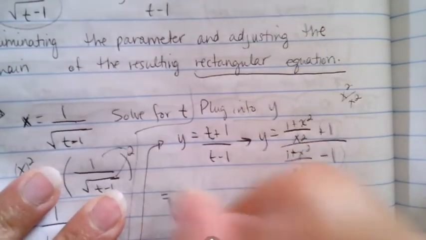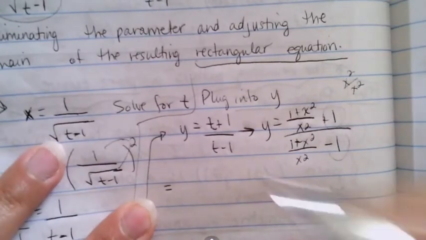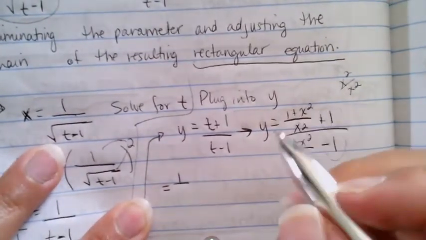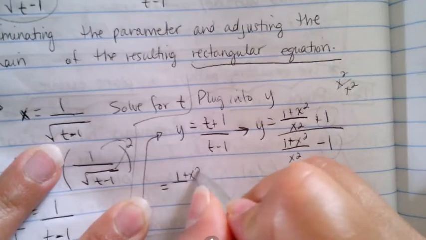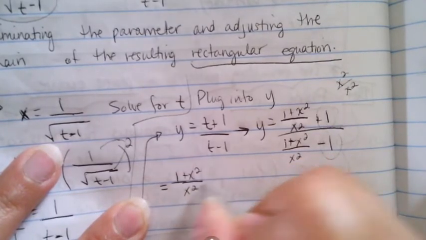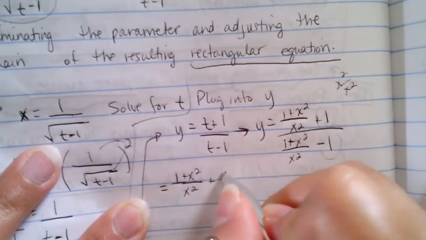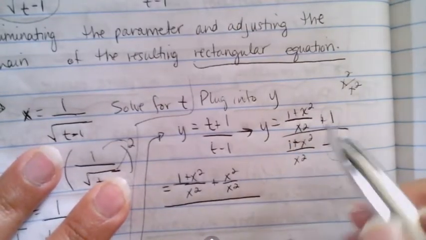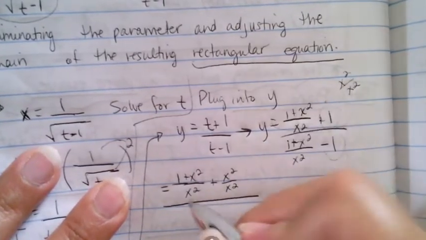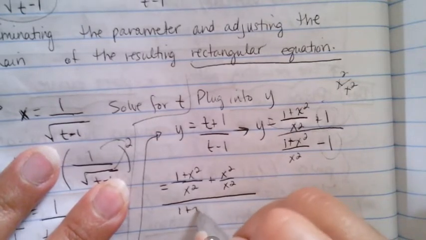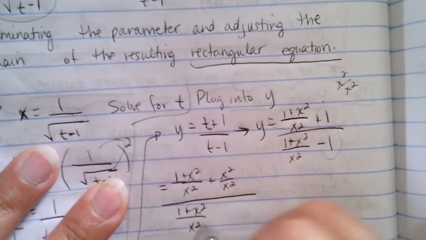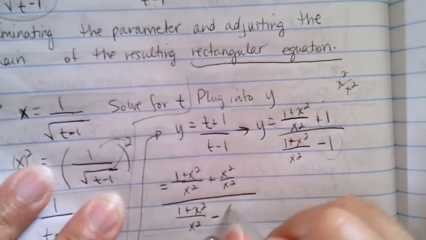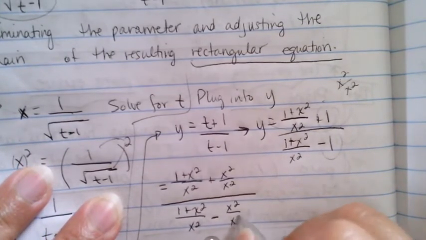Okay, so now we're going to have 1 plus x squared over x squared, plus x squared over x squared. And that is the top fraction, so that's this part right here. And on the bottom, I have 1 plus x squared over x squared, minus x squared over x squared.